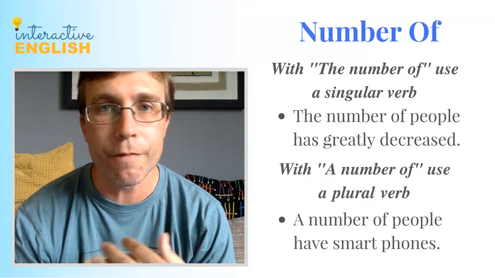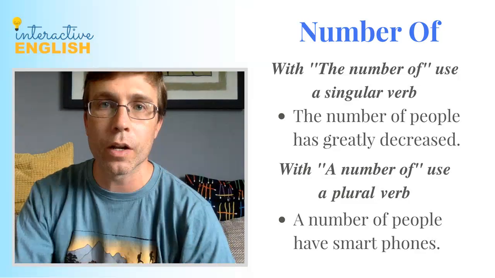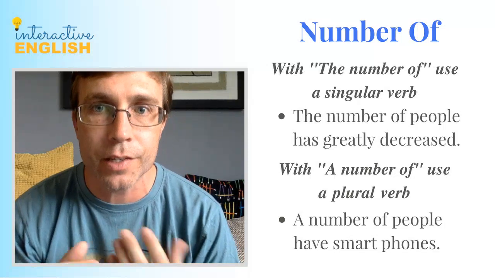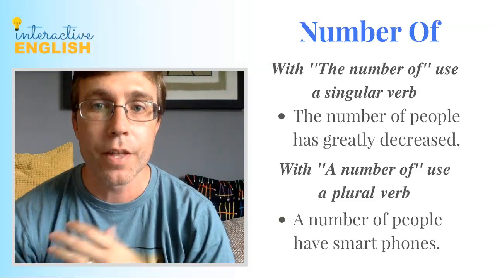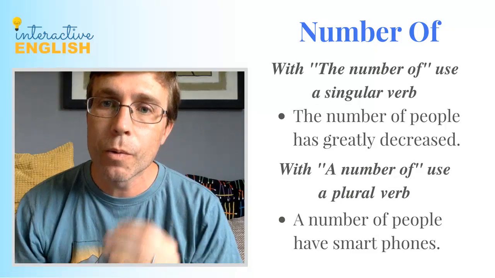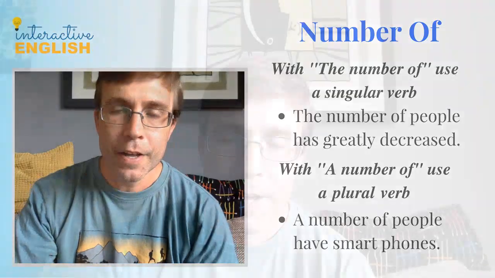A number of people have smartphones. So, the number of people has greatly decreased, singular verb. A number of people have smartphones, that's the plural verb. This is a rule to remember when you're trying to use subject-verb agreement, okay? Again, these are just some of the ways in which we use subject-verb agreement. There are other ways in which we do this.